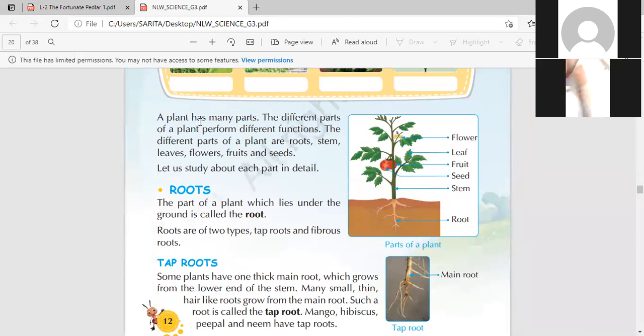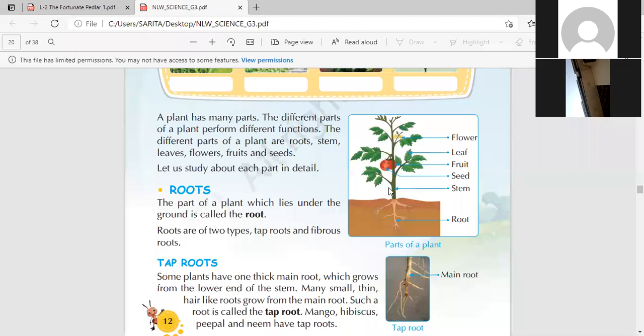A plant has many parts. The different parts of a plant perform different functions. As we all know, a plant has many parts and different kinds of parts do different kinds of work in that plant.